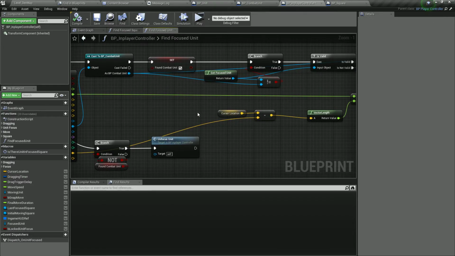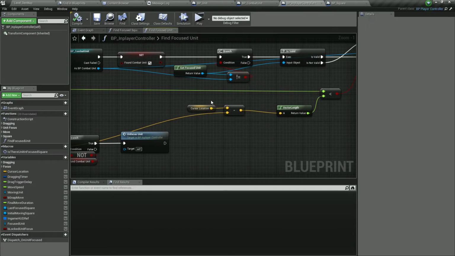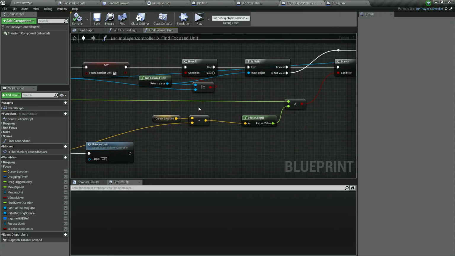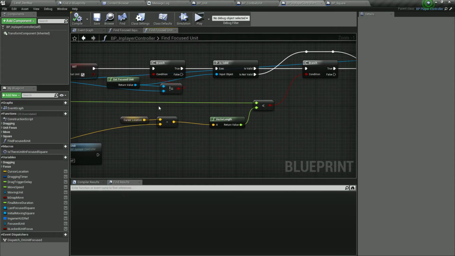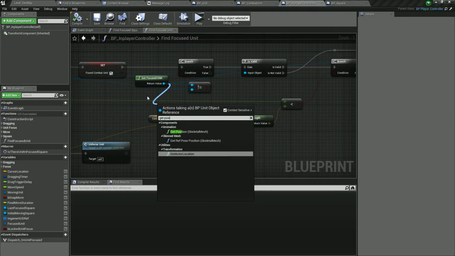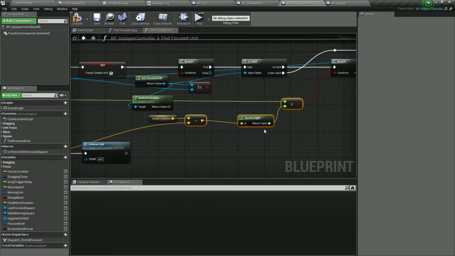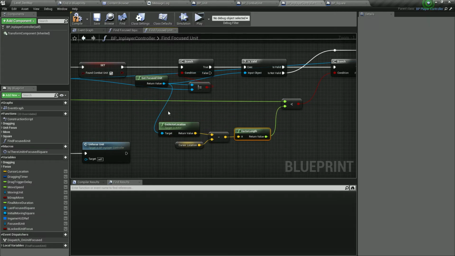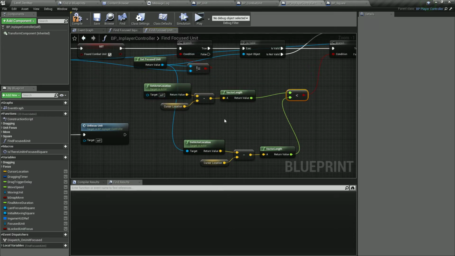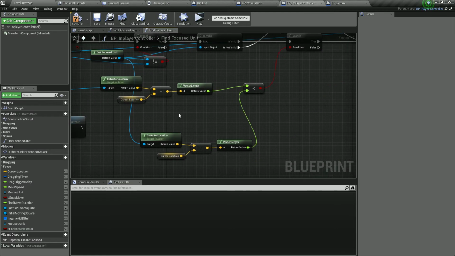Okay, that's dumb. This is the same spot. So that's not what we want. We want the position of this. Yeah, it's okay. Minus the cursor location. We want that distance, and we want the distance to the other units, like this.